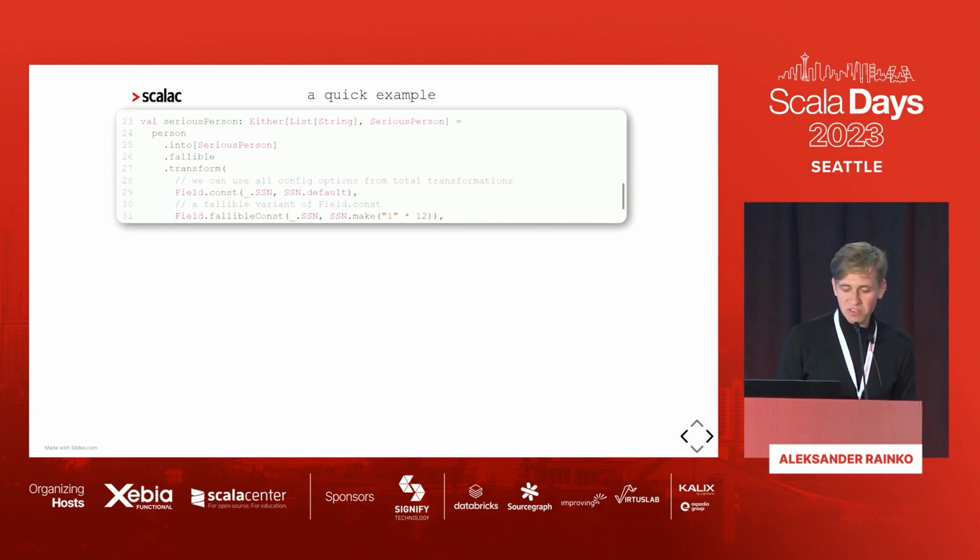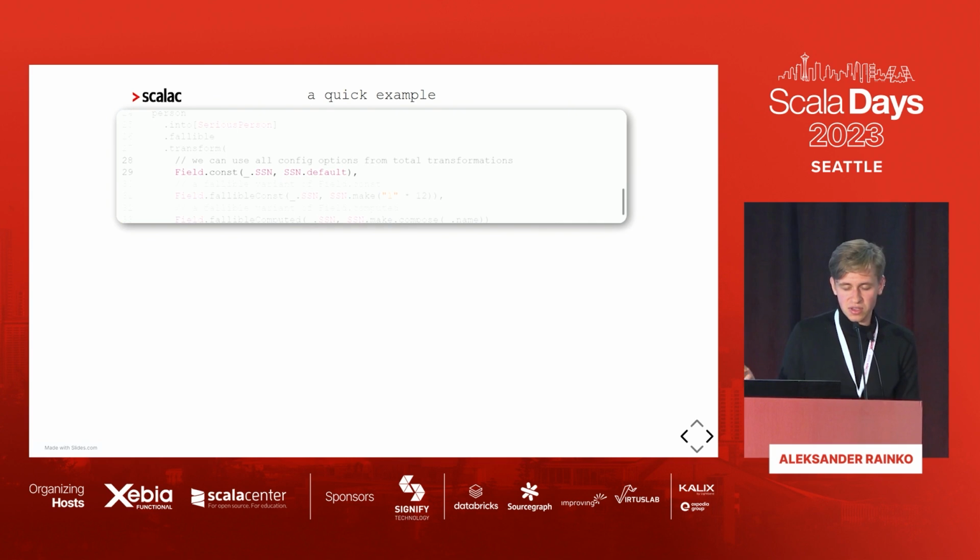So once again we call into serious person, and then we call this thing, fallible, which basically puts our builder into the fallible state, which allows us to once again specify all of the configuration options from before. So we can specify all of the total configuration options. So field.const, field.computed, field.renamed, they all work here.